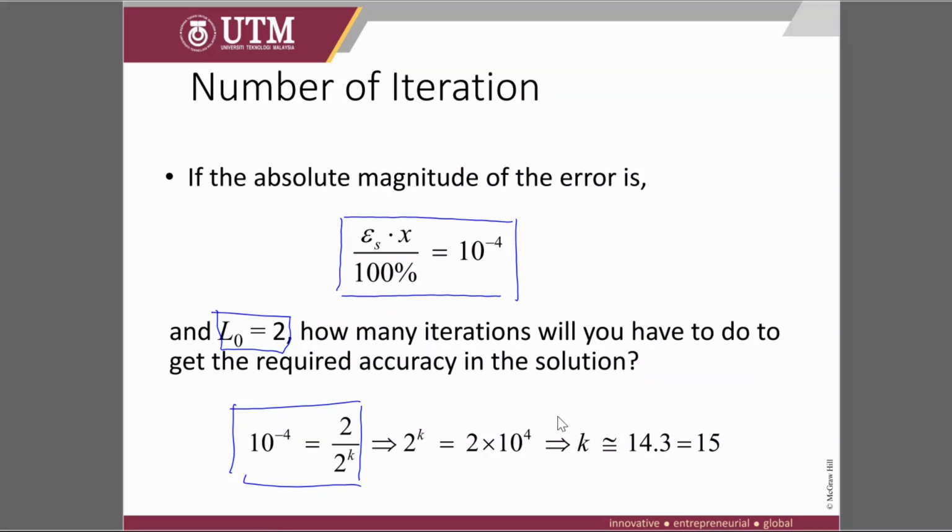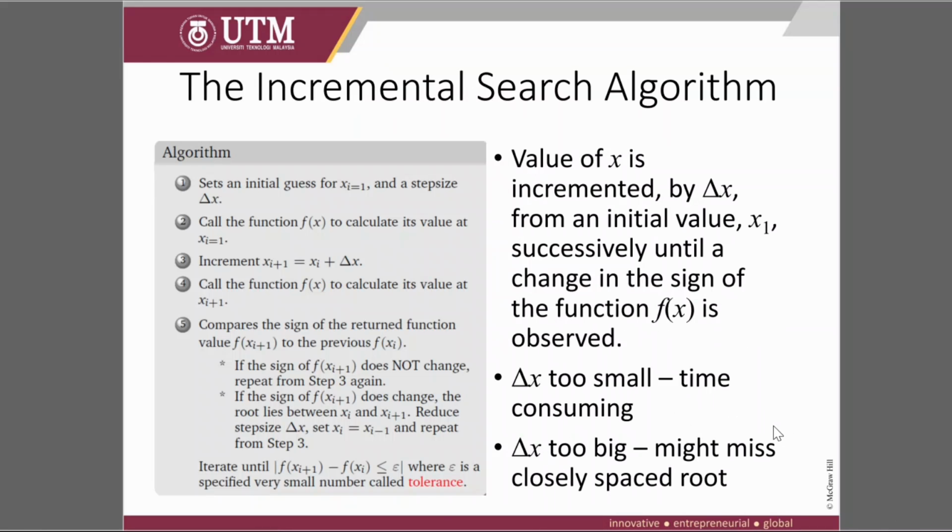In our case, when we calculated, we got 22, but when we ran the calculation, it requires at least 25 iterations to stop. Okay, so the next slide is about the incremental search method.